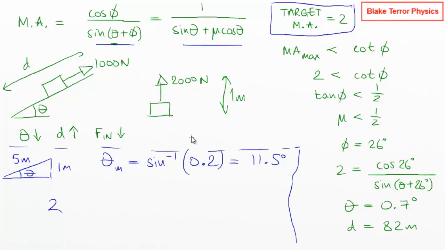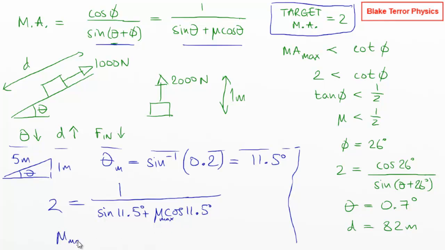So let's go for our other mechanical advantage formula and say, okay, well, 2 has to be 1 divided by sine of 11.5 degrees plus mu cos 11.5 degrees. We can now solve that for mu, and that is going to give us our maximum value, mu max.